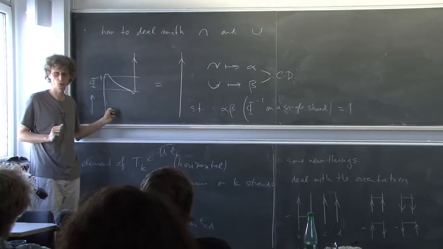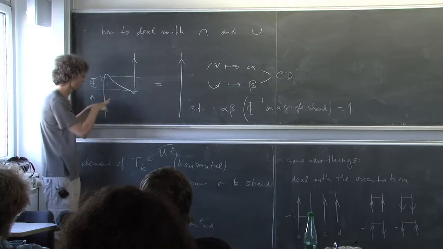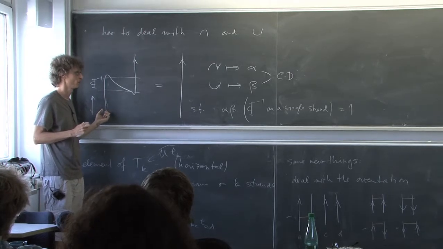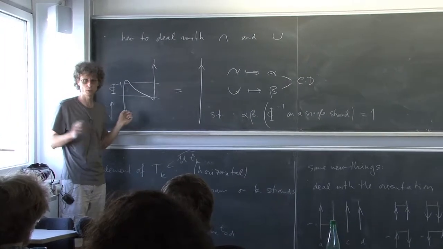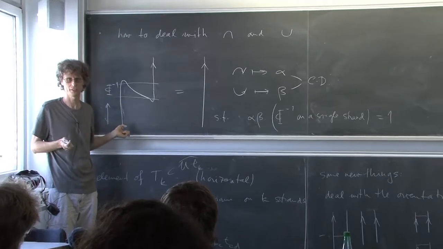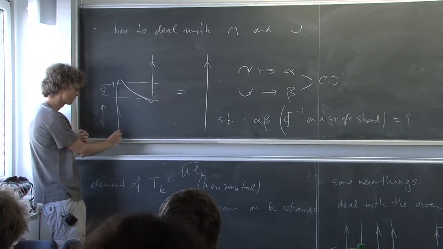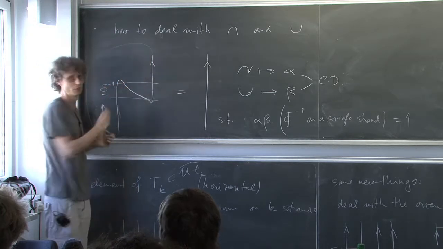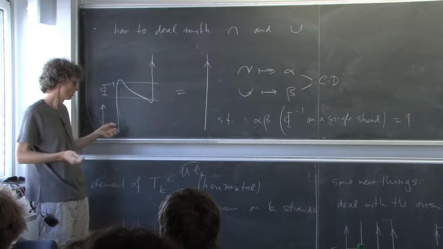I'm not sure whether it's understandable what's happening. The problem is that I told you chord diagrams form a commutative algebra when they are on a circle. Now this is not on a circle, so let me secretly close it. Just imagine putting it on a circle.